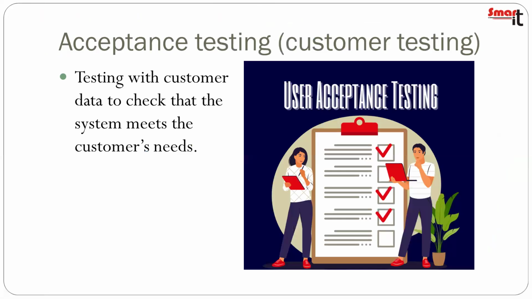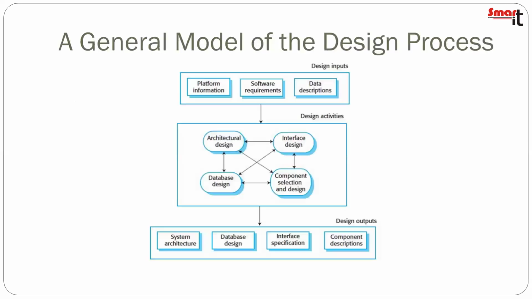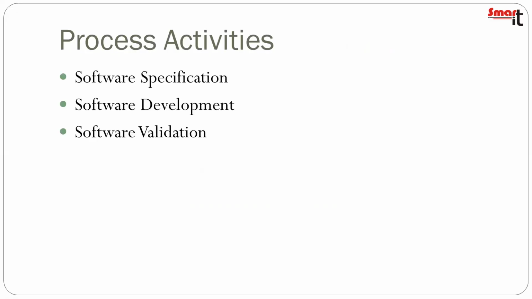So now the last phase. Here we have discussed four things. In the very beginning, we discussed process activities: software specification, software design and development, software validation and verification, and then software evolution.